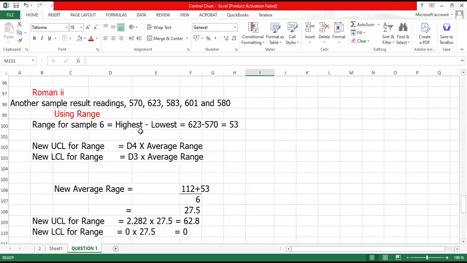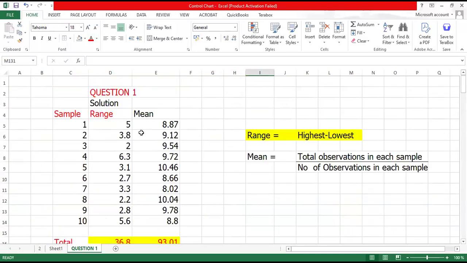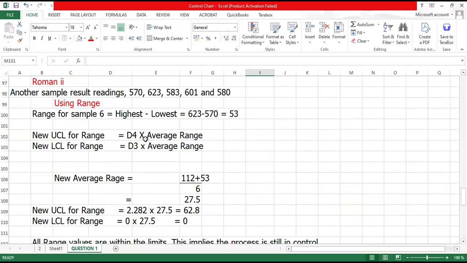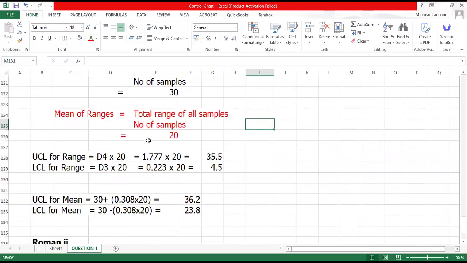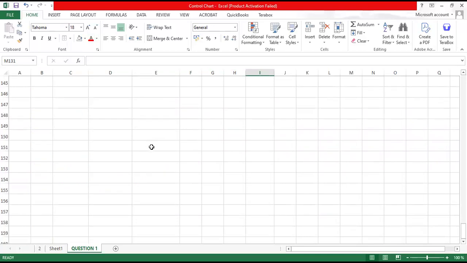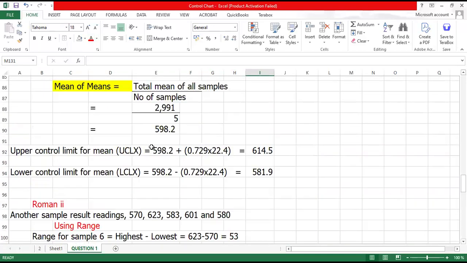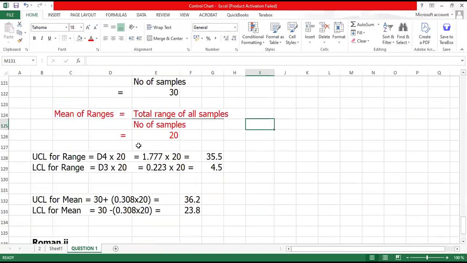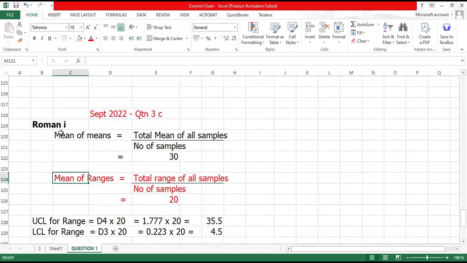Remember when I was starting, I told you we look at 3 things on the graph: the upper control limit, the average, and the lower control limit. So if you're dealing with mean, then the middle line will be this one.